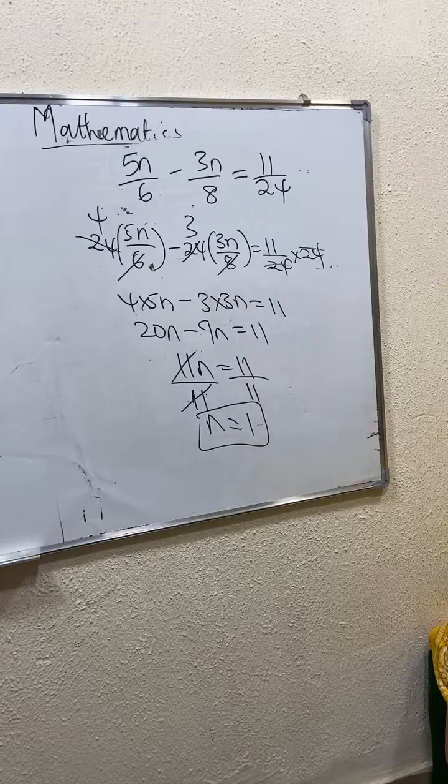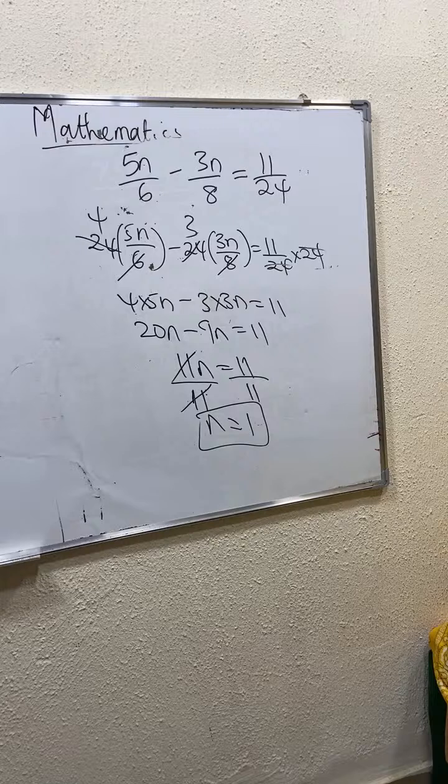Okay, first I clear the fraction by multiplying with the LCM of the denominators. And that's the main thing we have to simplify. Once you multiply through by the LCM, the denominator vanishes. So everything will now remain as a linear equation without fractions.